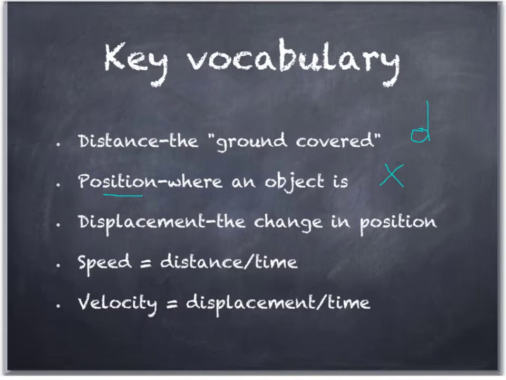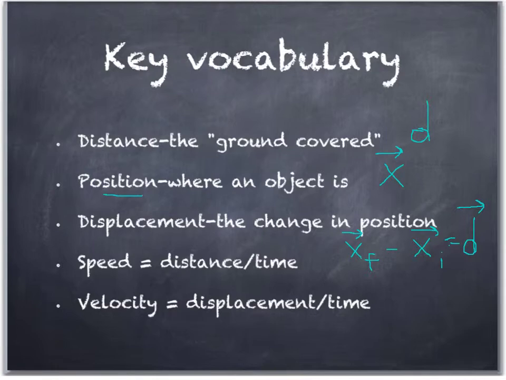And quite often we draw a little arrow over it, again, just to show that it has a direction associated with it. Displacement is the change in position. So displacement would be the final position minus the initial position. That's equal to the displacement. And the displacement is a small d, but it has an arrow over the top of it.